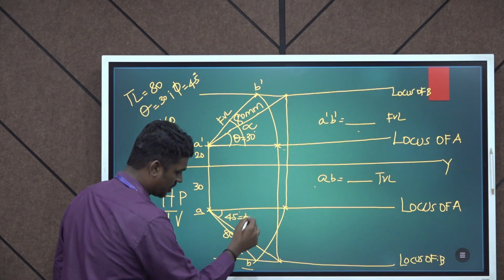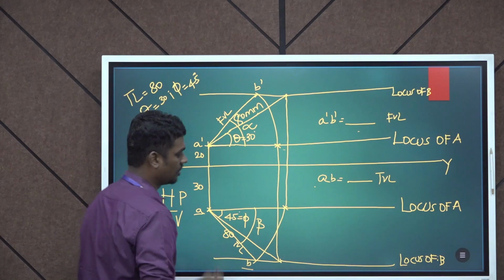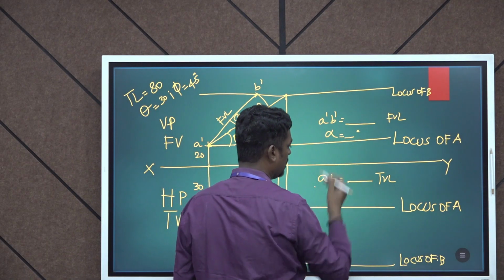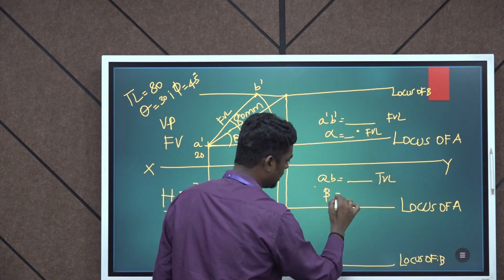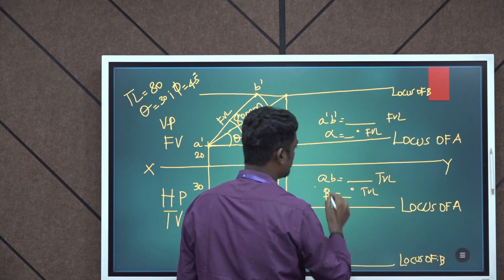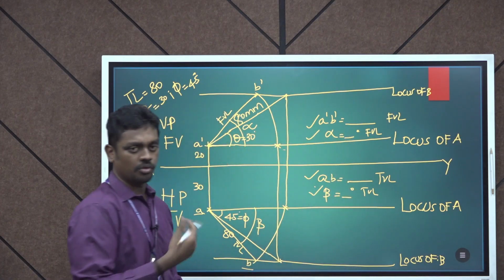Similarly, locus of A line to top view length, this will be called as beta. So, alpha is the angle for the front view length line. Similarly, beta is the angle for top view length line. So, these are the required values we need to determine.